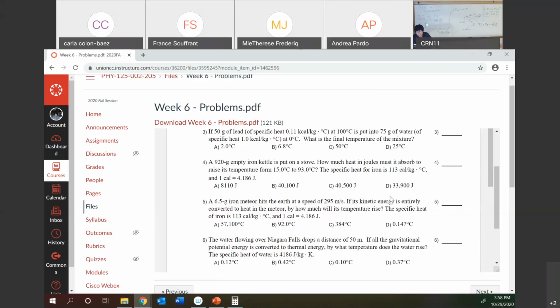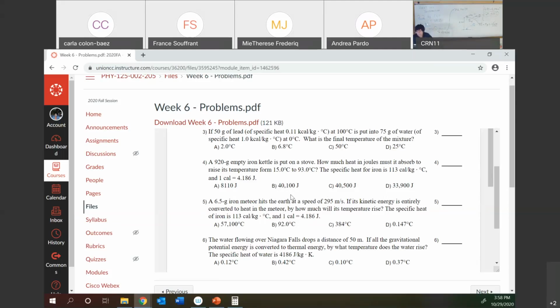If its kinetic energy is entirely converted to heat in the meteor. So actually, this explains why some meteors not disappear, but they disintegrate as well. Not just in the atmosphere due to friction and heat, right?